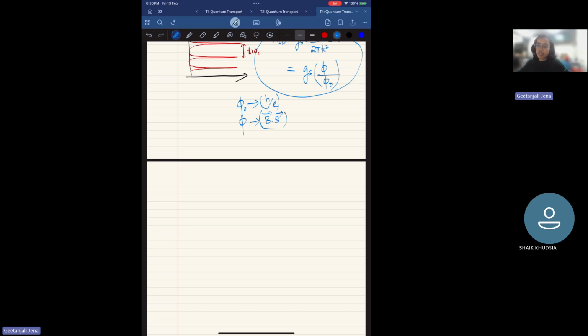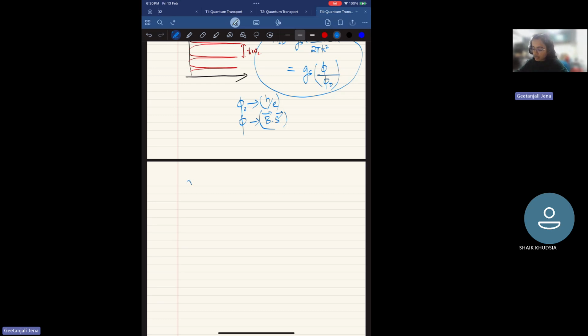Now we want to find out, for a given magnetic field, how many Landau levels will be occupied and which Landau levels won't be occupied, because that will tell whether the device is in the plateau region or whether it shows the Shubnikov de Haas oscillation.